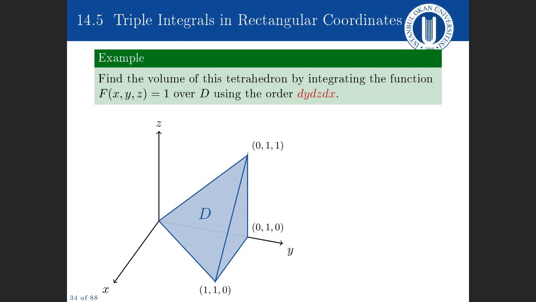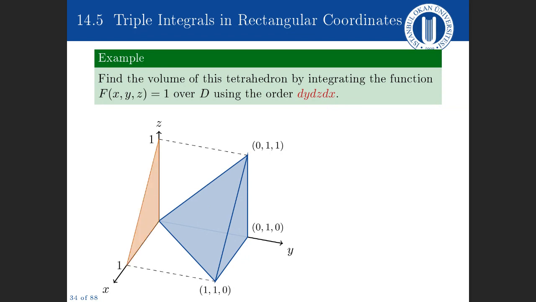Okay, first we need a shadow, a region capital R. And this time R is going to be in the xz plane, always the last two. So let's project this tetrahedron onto the xz plane, or shine a light where y is now and look for the shadow.